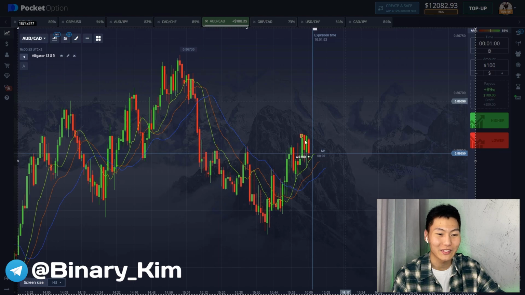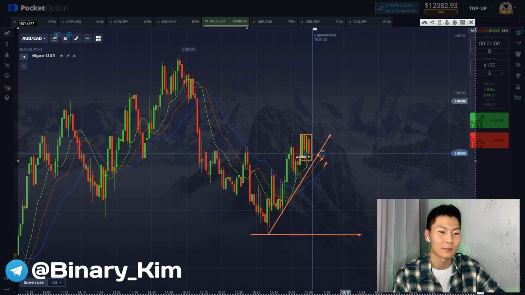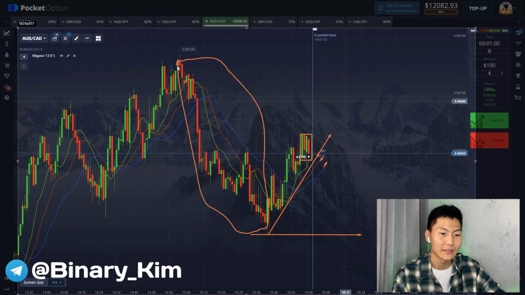We opened at this level, but it's fine, it's gonna work. There is a good correction here. The alligator's moving averages are facing upwards, which is a bullish signal. The alligator's jaws are widely open, and it tells us that the uptrend is dominating here, and basically the position was opened correctly, and yep, the price is heading upwards, as simple as that.